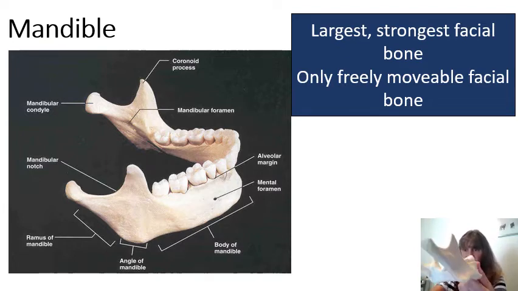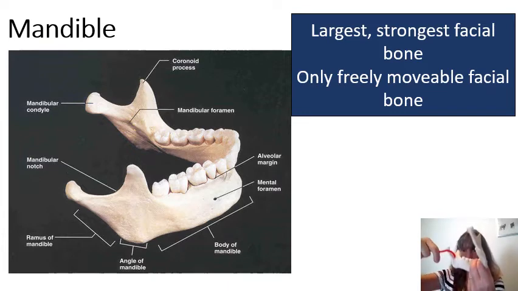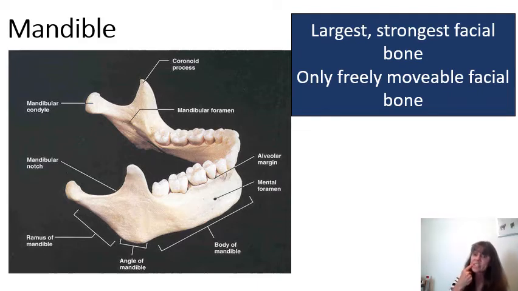So on each side, we have mandibular foramina. By the way, that's where the inferior alveolar nerve is. So if you ever get a shot of Novocaine way back, that's the nerve they're trying to numb, the inferior alveolar nerve.